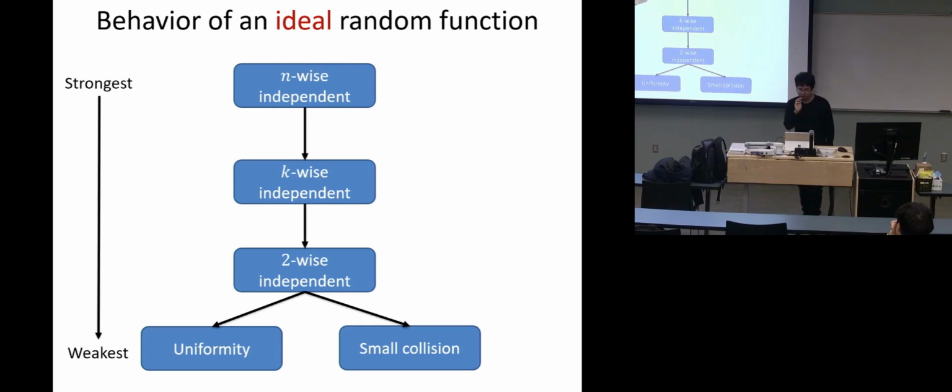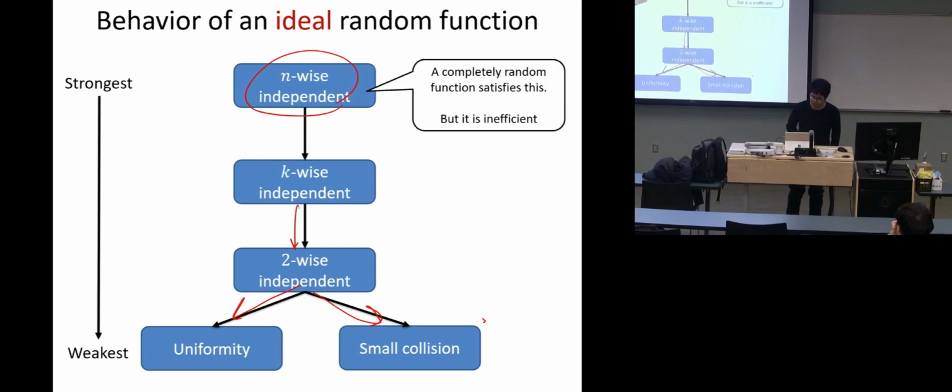So the strongest one is n-wise independent, where everything is independent, and this implies k-wise, and it implies 2-wise independent, and 2-wise independent implies both of these. So try to convince yourself at home why this is the case, but it's pretty simple from the definition. But you see, a completely random function satisfies this strongest one.